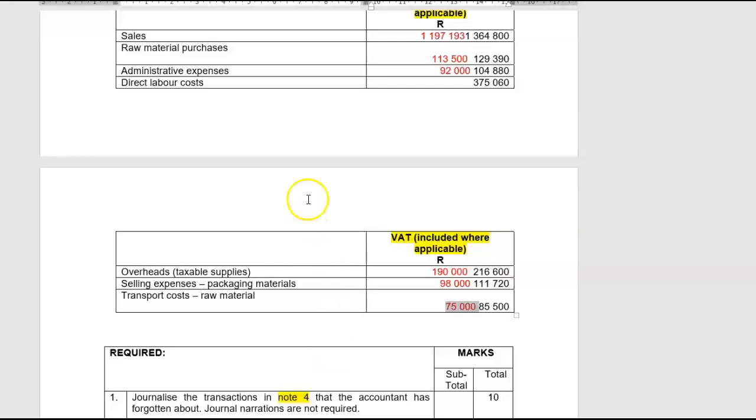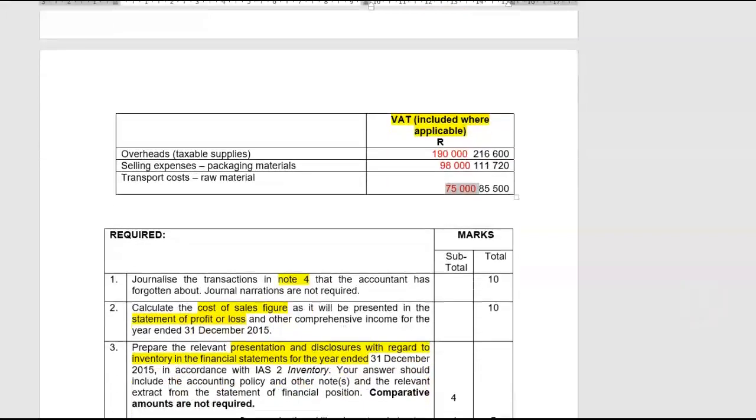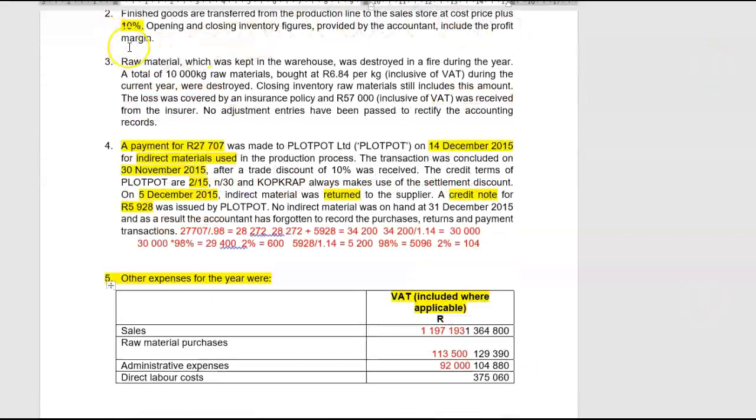They gave us here in number 3, I think, raw material which was kept in the warehouse was destroyed in a fire during the year. A total of 10,000 kg raw materials bought at 6.84 Rand per kilo, inclusive of VAT.